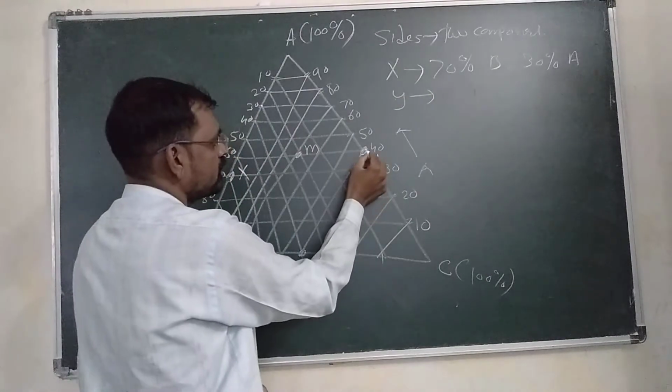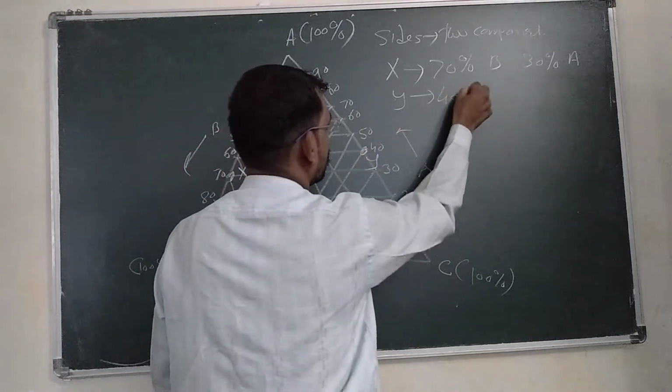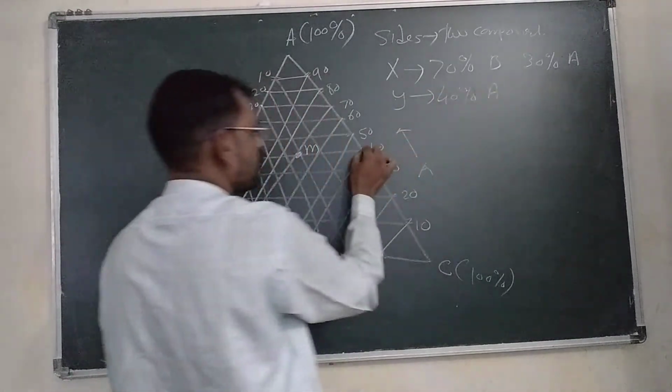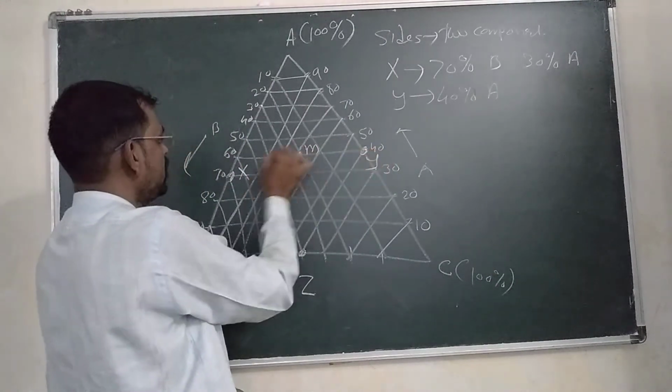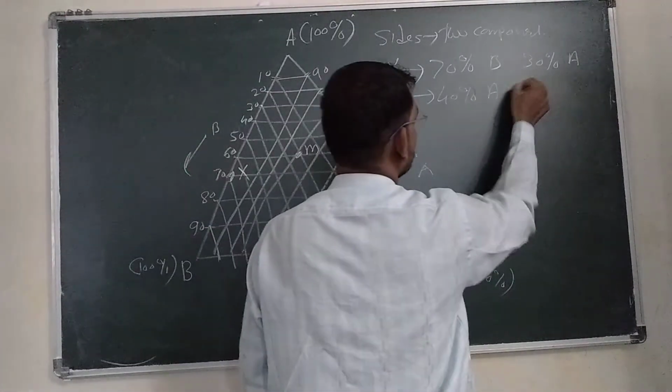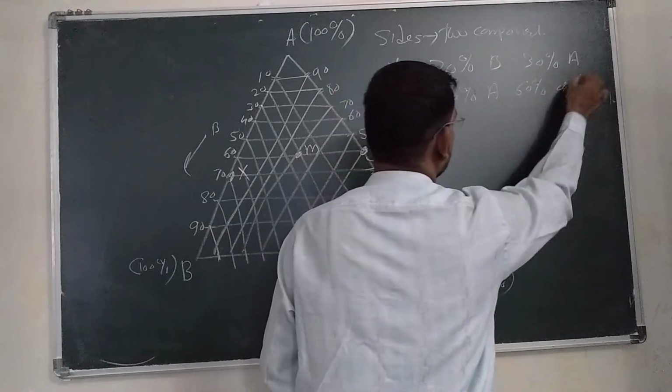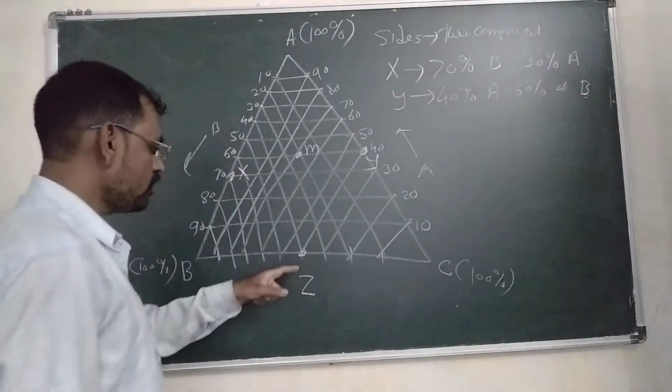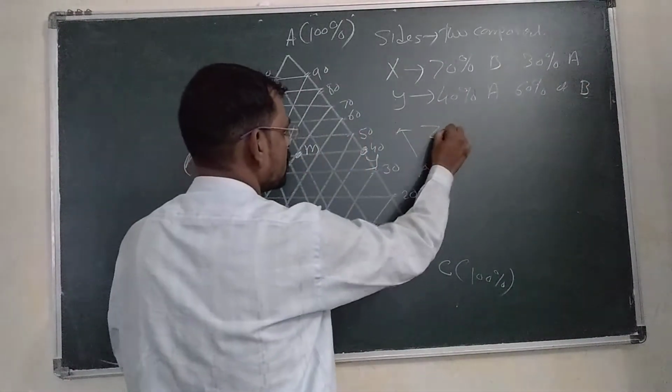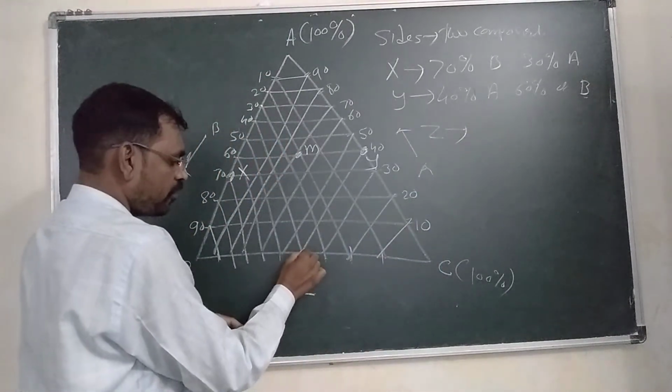Now what is this Y point? Y point represents 40% of A and 60% of B. Now what does this Z point represent?